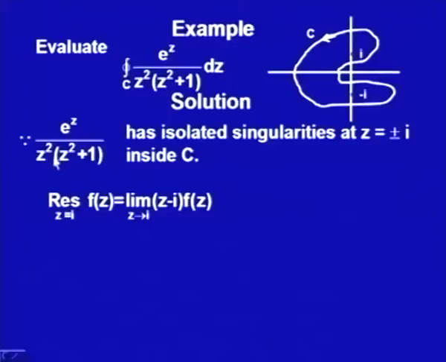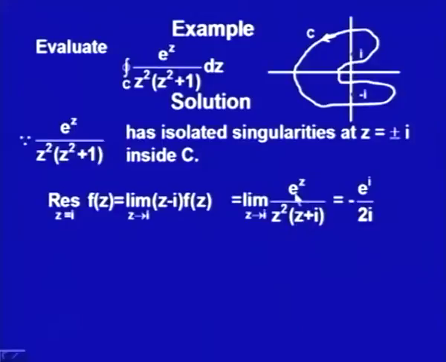Now, let us see this function f z. We could rewrite it as e to the power z upon z square into z minus I and z plus I. So, when we multiply by z minus I, what remains is e to the power z upon z square into z plus I. We have to find its limit as z approaches I.